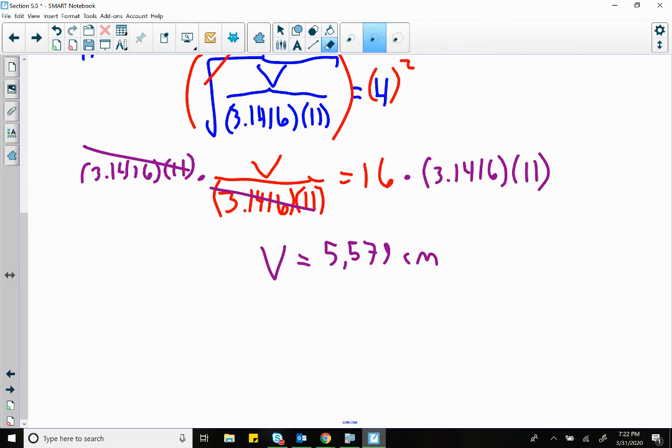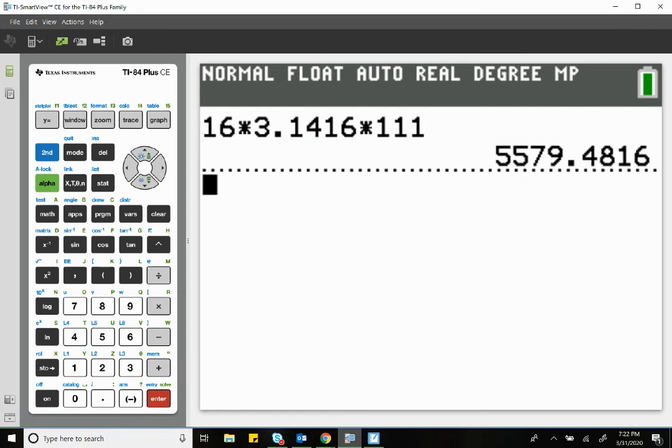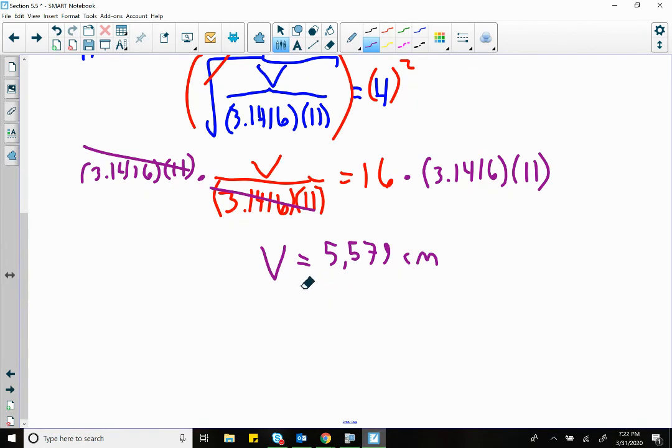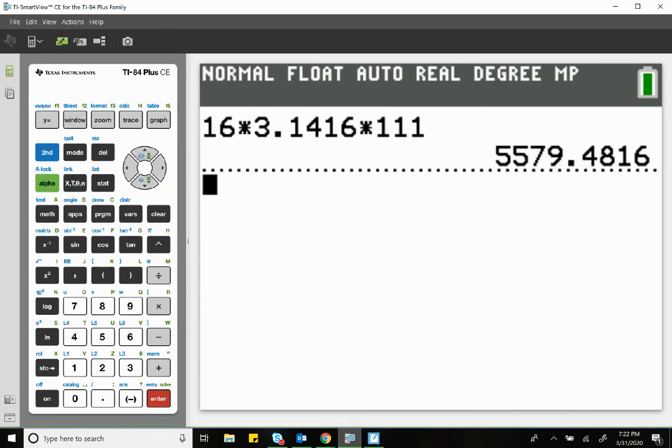Hopefully it likes it. If it doesn't, then just like what we've done before when we were dealing with the Pythagorean theorem, I'm going to round to the nearest tenth. So the 8 says, hey 4, go up. So next I'll put in 5,579.5 centimeters, because the 8 said, hey 4, go up.